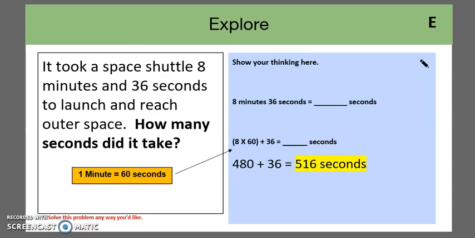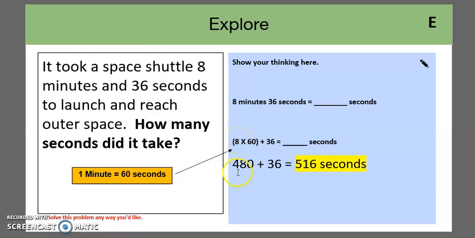Here, we want to break down the problem. And for here, we know we can provide students that 1 minute equals 60 seconds. So we can have students read and annotate the problem, and we can write out 8 minutes, 36 seconds, and we want to convert everything here into seconds. It's important to display that 1 minute equals 60 seconds, and we can multiply 60 with 8.